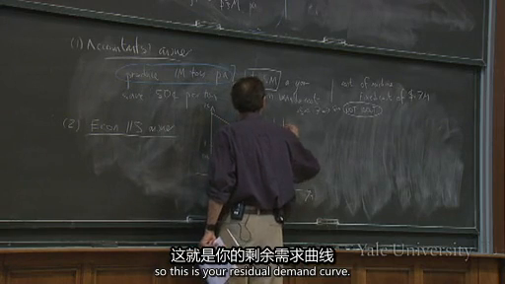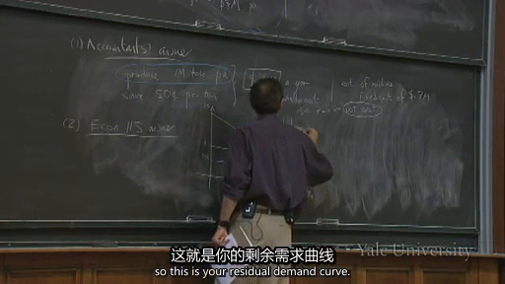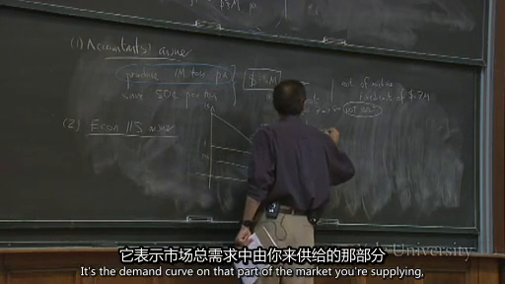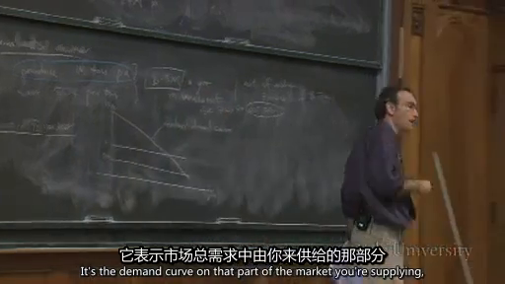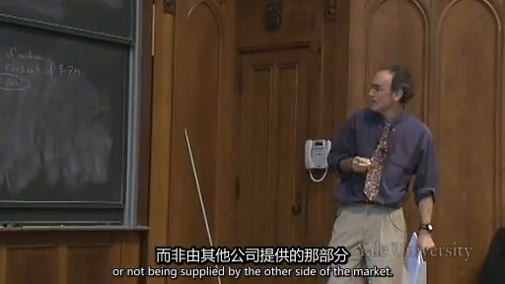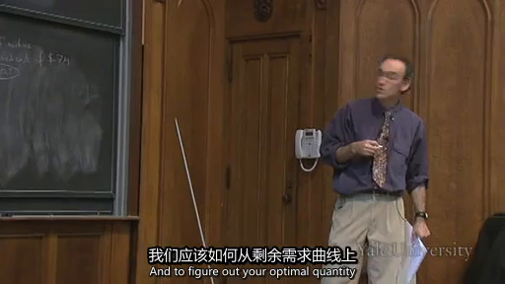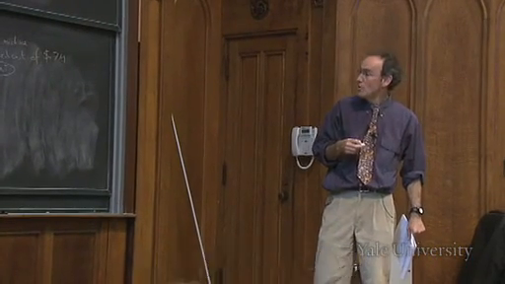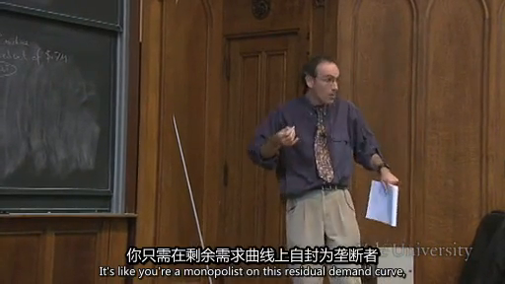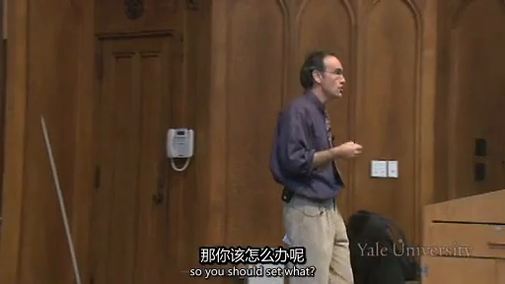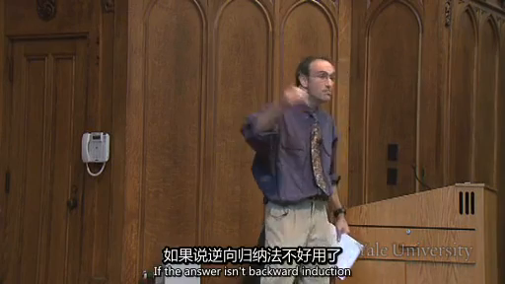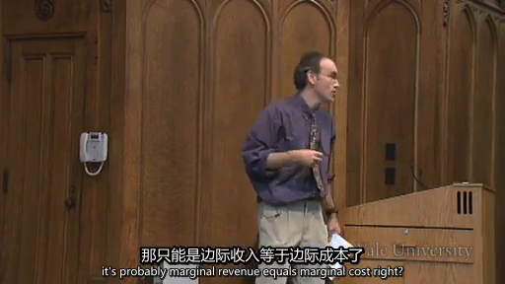It's the demand curve on that part of the market you're supplying, or not being supplied by the other side of the market. And to figure out your optimal quantity on your residual demand curve, it's like you're a monopolist on this residual demand curve, so you should set what? Yeah, if the answer isn't backward induction, it's probably marginal revenue equals marginal cost.